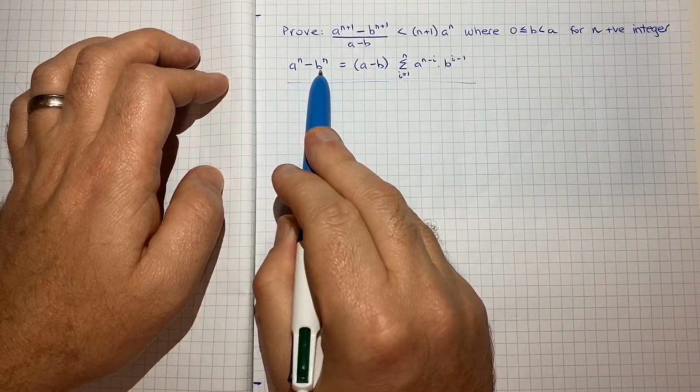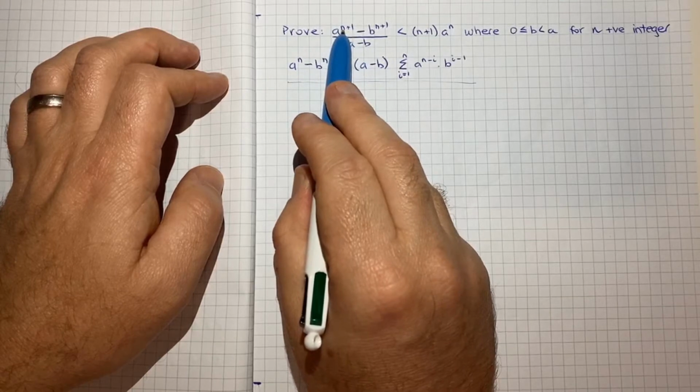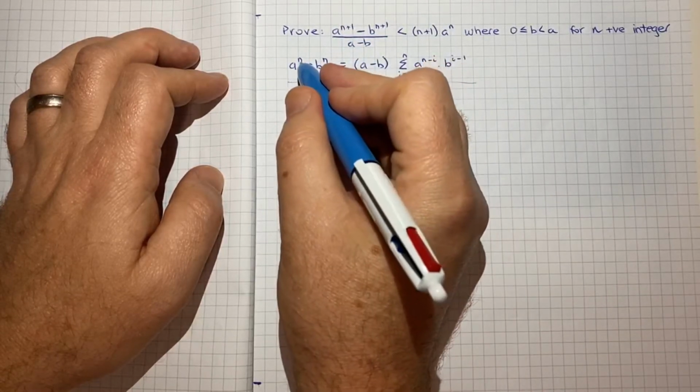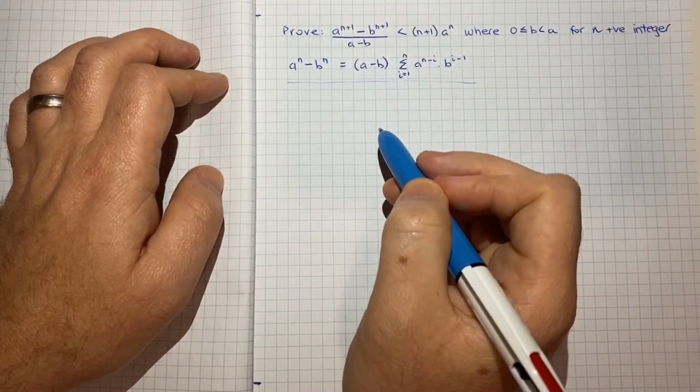So if we take this formula for a^n − b^n as a starting point, then because we're really concerned with a^(n+1) − b^(n+1), we can just restate this, replacing all of the n's with n plus 1.